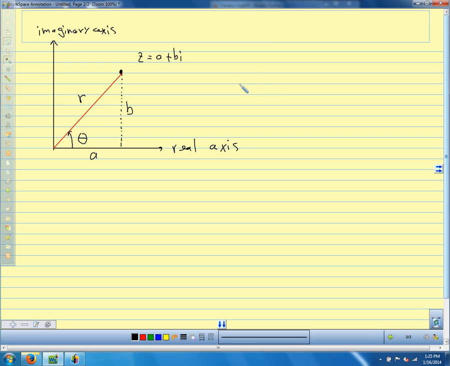And our radius is the absolute value of z.